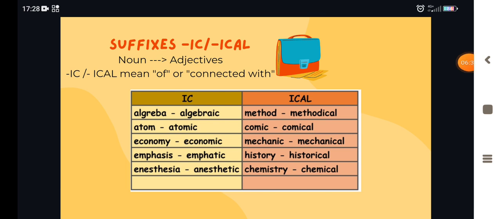With economic, there will be an economic crisis this year. With comical, another sentence would be, he looked so comical in that hat. With historical, the historical book was based on the Chaco War. So, depending on the context, we can use these suffixes.